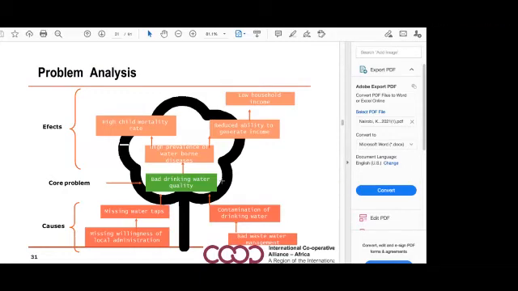Yeah, I was saying like we can support them with the rainwater harvest. Rainwater harvesting, it's one option. And then we can also support them with the construction of dams. Yes.